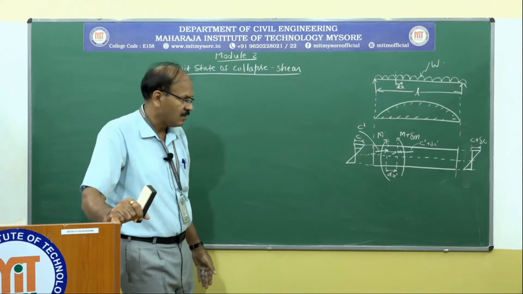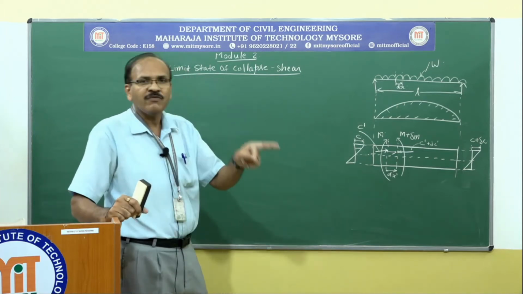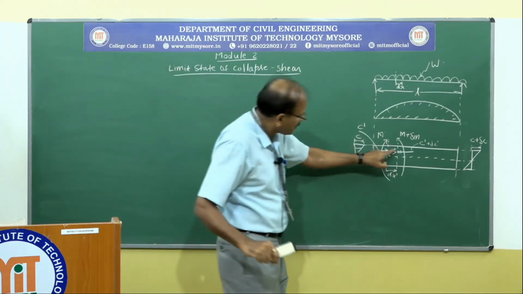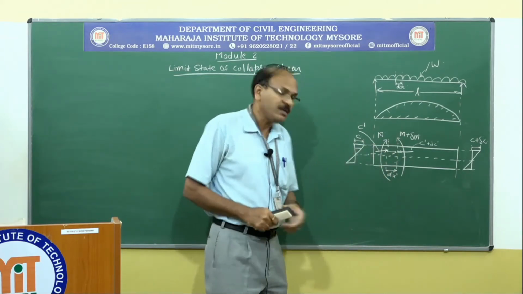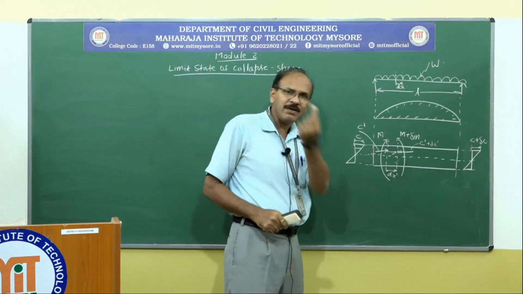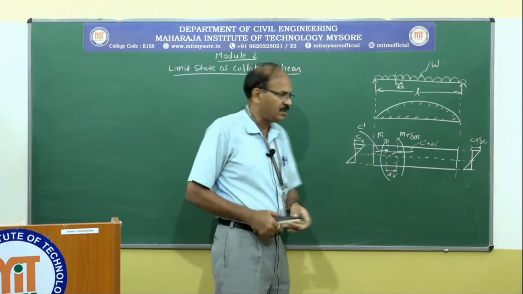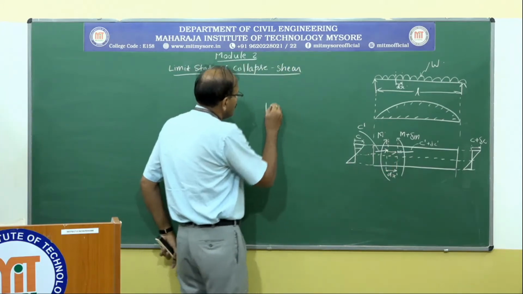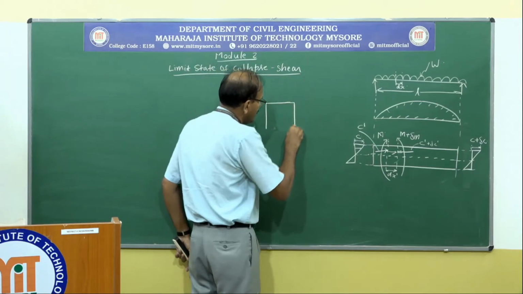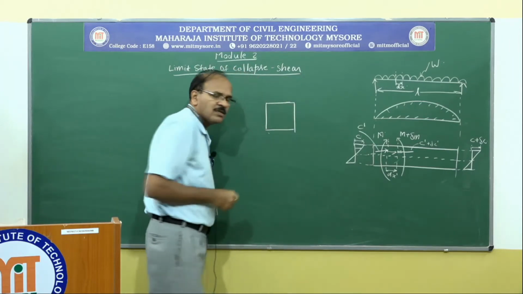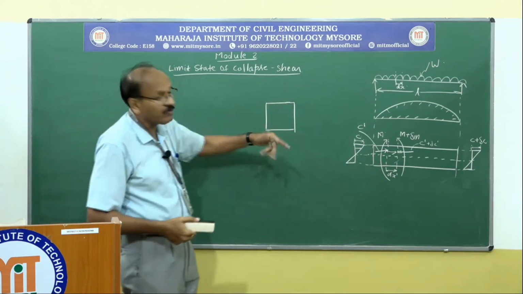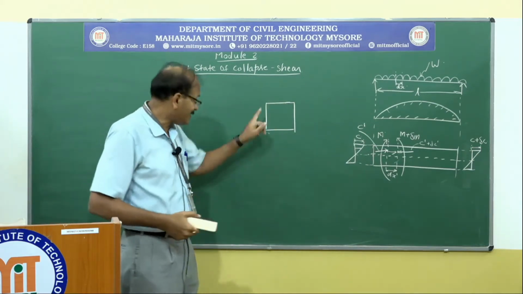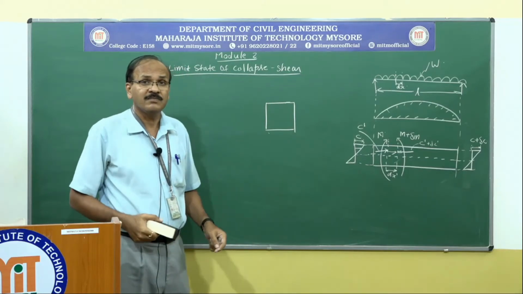Is it clear? So by principle of complementary shear, the same stress will be developed all around. So what it means is I am going to take an element of certain dimension. So I am going to take this square element. Okay, for my convenience, if you want to take, you can take a rectangular element, it does not matter.